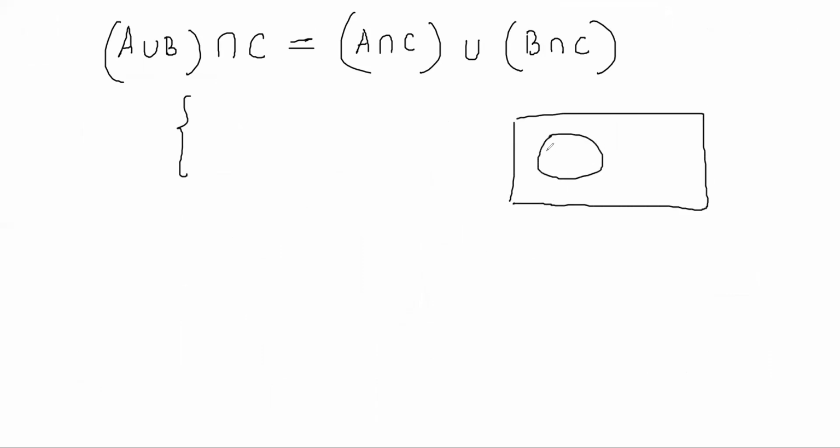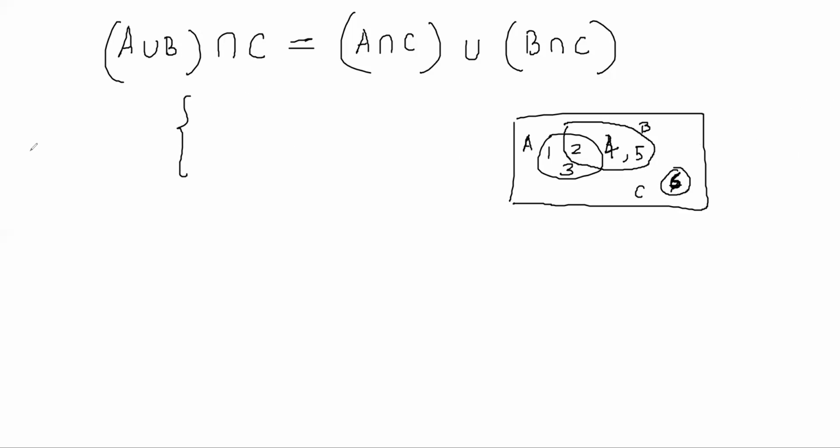Let's say A is 1, 2, 3, B is 2, 4, 5, and C is 6. So this is A, this is B, this is C. The universal set is my A plus B plus C, everything 1 to 6, right?